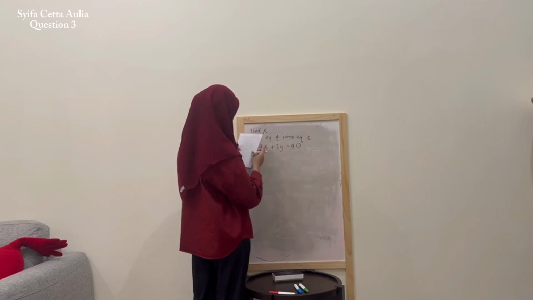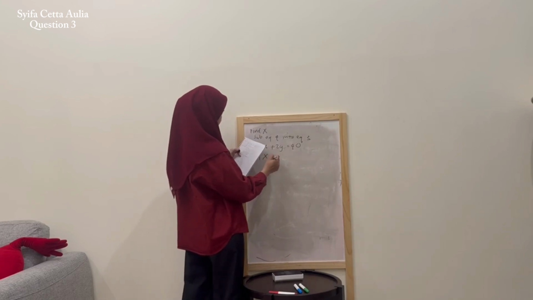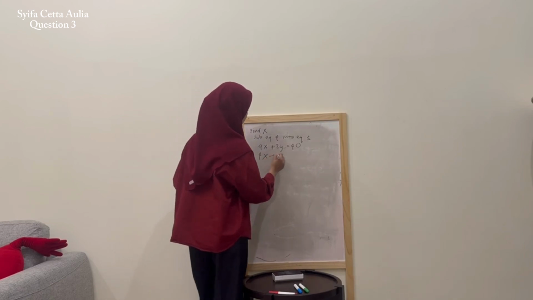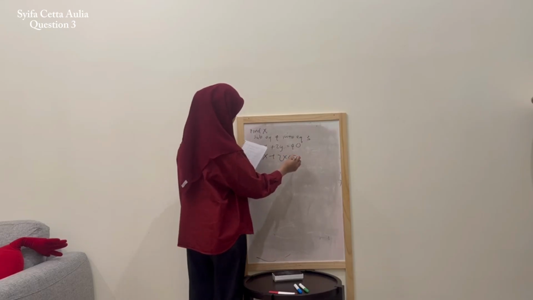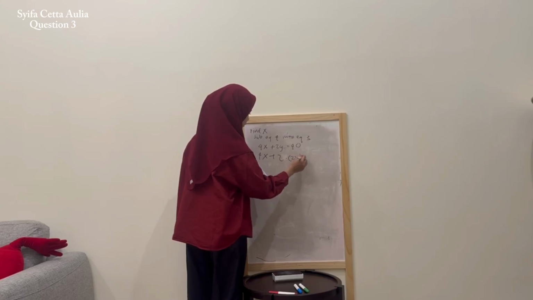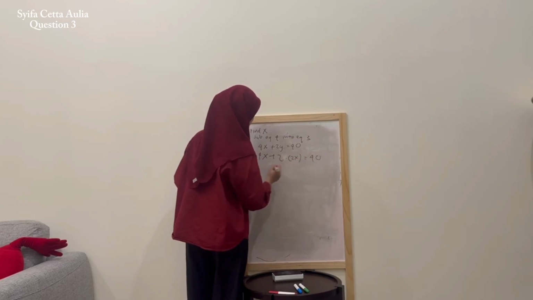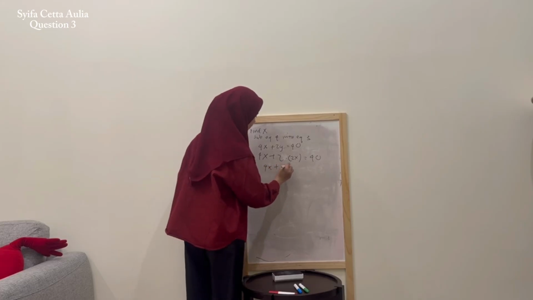Substitute with equation 4. Then 4x plus 2x 2. Sorry, this was 2. Then we find 4x plus 4x.